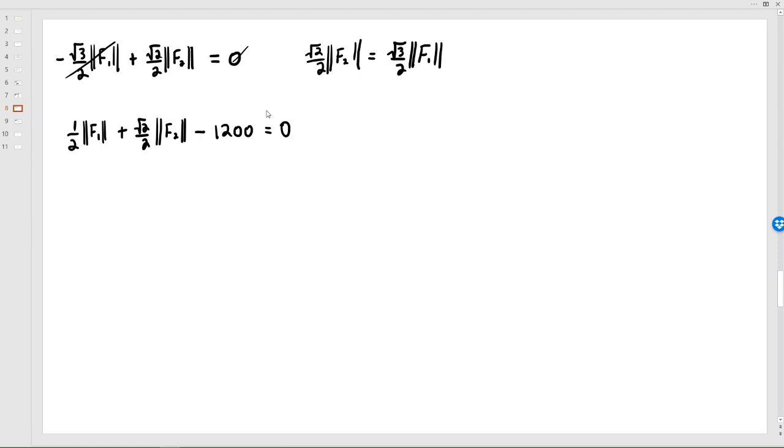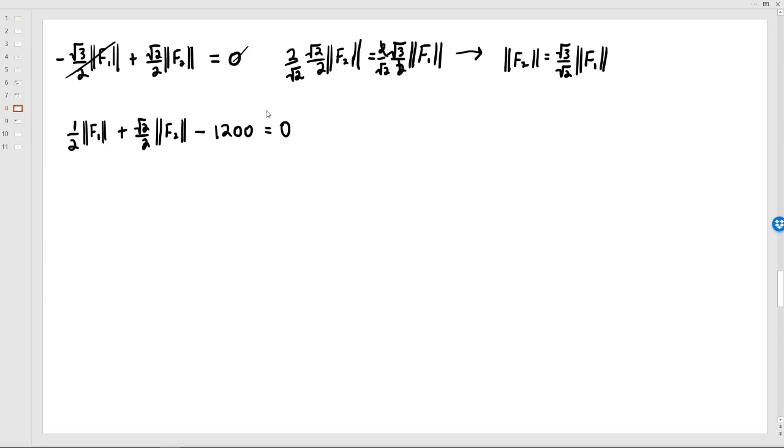Okay, and we want to solve for the magnitude of F2, so I'm now going to multiply by the reciprocal to get 1. So if I multiply both sides by 2 over the square root of 2, we're going to end up with a magnitude of F2 equal to, the 2's are going to divide out, square root of 3 over square root of 2 times the magnitude of F1.